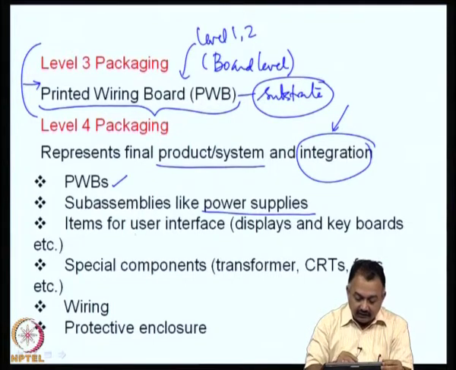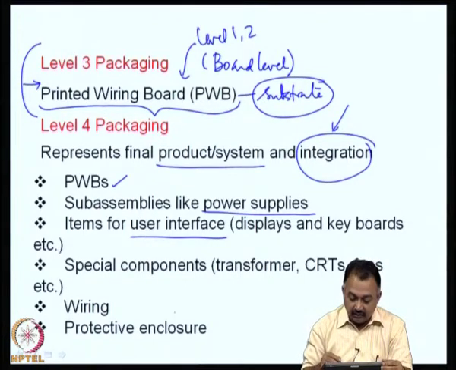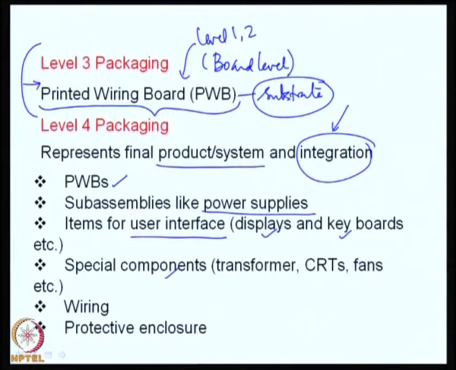Then there will be user interface materials normally in a system like displays, keyboards and so on, special components, wiring, and then a protective enclosure like a desktop or a laptop, or the system here that you see has got a protective enclosure. Inside you have the electronics. So, that is how it goes, level 4 packaging.